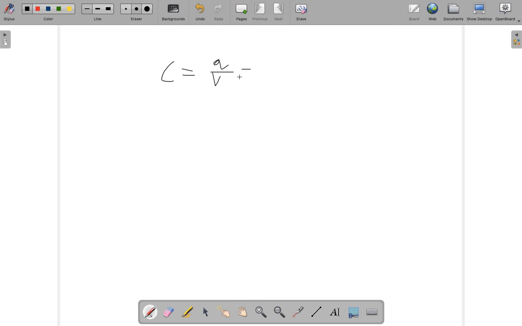And for parallel plate capacitors, you can also give it as epsilon times area over distance. So epsilon is the permittivity of the medium that's between the capacitor, or what's known as a dielectric. A is the cross-sectional area of a capacitor, or the surface area, and d is the distance between the two plates.